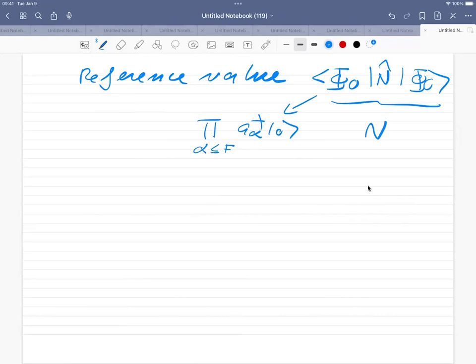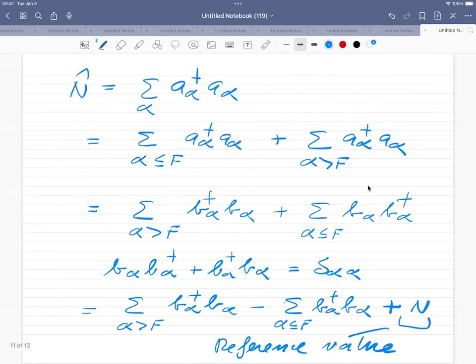So this number operator simply counts the number of particles you have. So the reference value here is the number of particles. Now, the thing which is nice is that if we go back to the form which we have here, then this is just the operator in a normal ordered form. And this is the form we want to use when we are calculating expectation values.